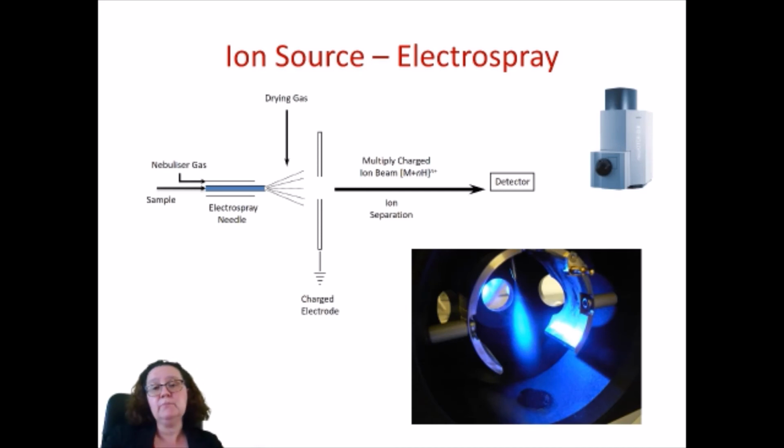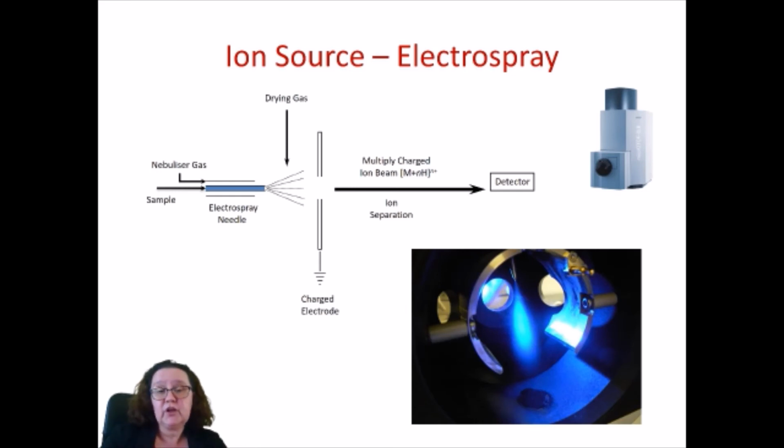The other main ion source for mass spectrometry of biomolecules is electrospray. And in an electrospray, the sample is injected through an electrospray needle. It becomes a gas, it goes through some charged electrodes, and that creates the ions.